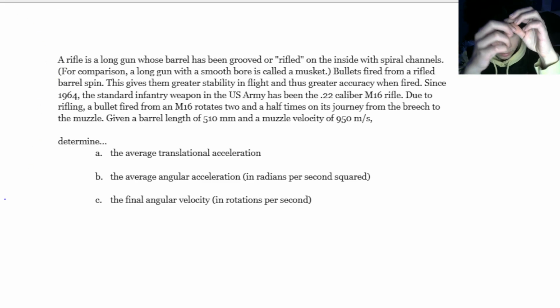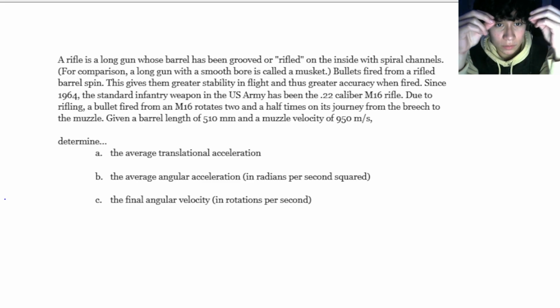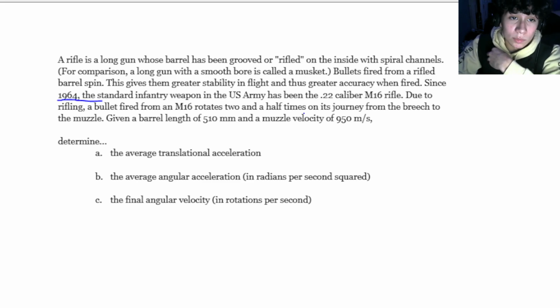A rifle is a long gun whose barrel has been grooved, or rifled, on the inside with spiral channels. Bullets fired from a rifle barrel spin. This gives them greater stability in flight and thus greater accuracy when fired. Since 1964, the standard infantry weapon in the U.S. Army has been the .22 caliber M16 rifle.